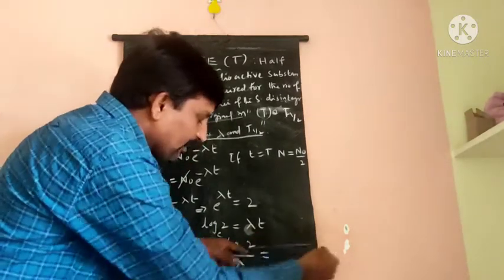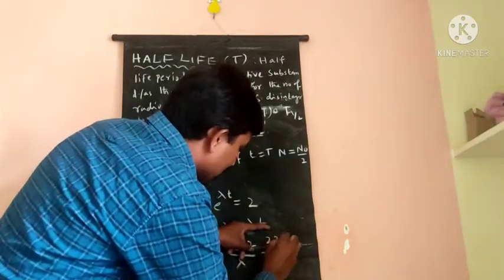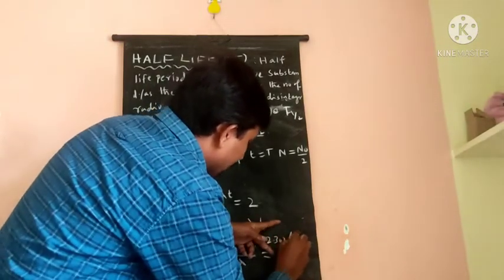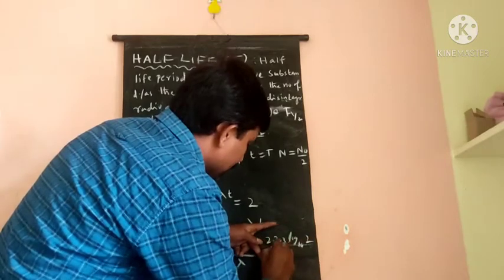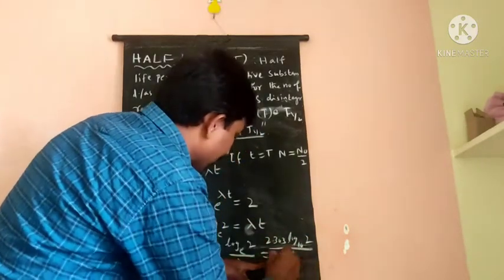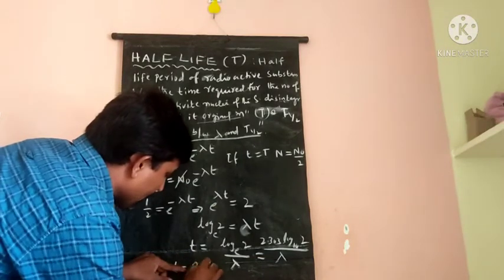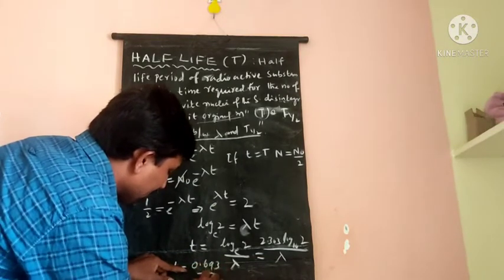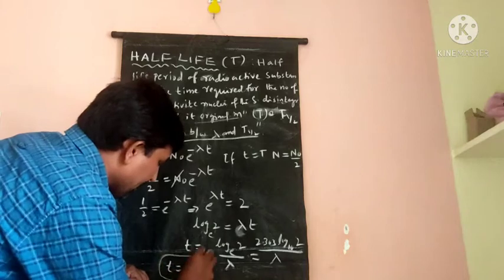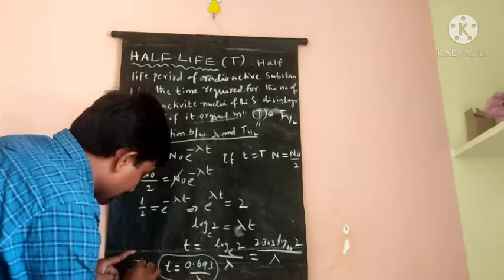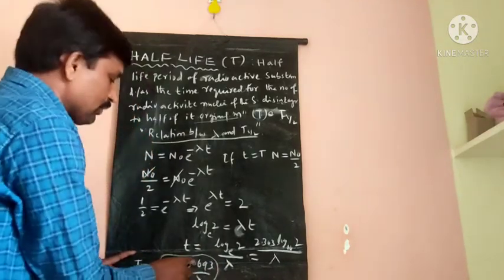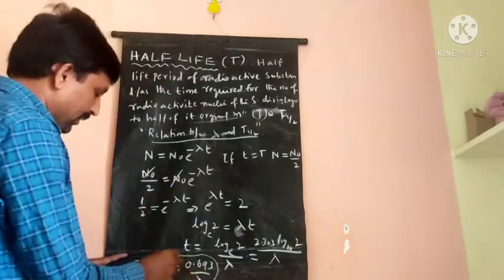Base e converted into base 10, 2.303 log base 10 of 2 by lambda. So that is equal to 0.693 by lambda. So small t, that is T half, is equal to 0.693 by lambda.